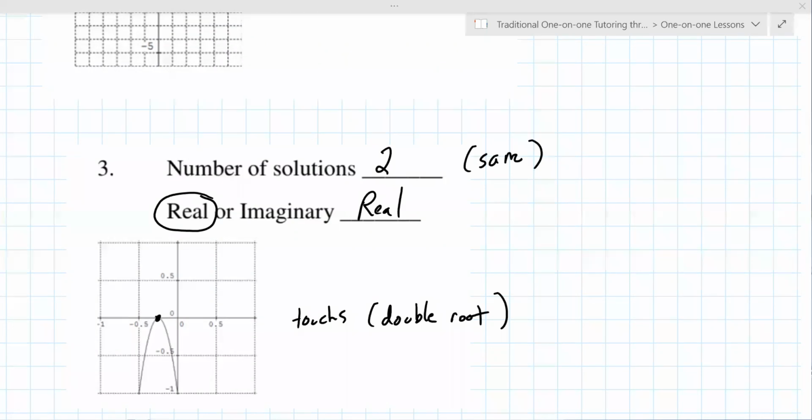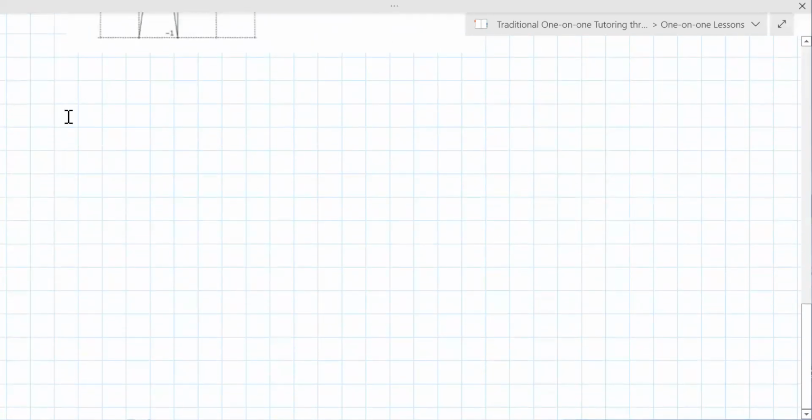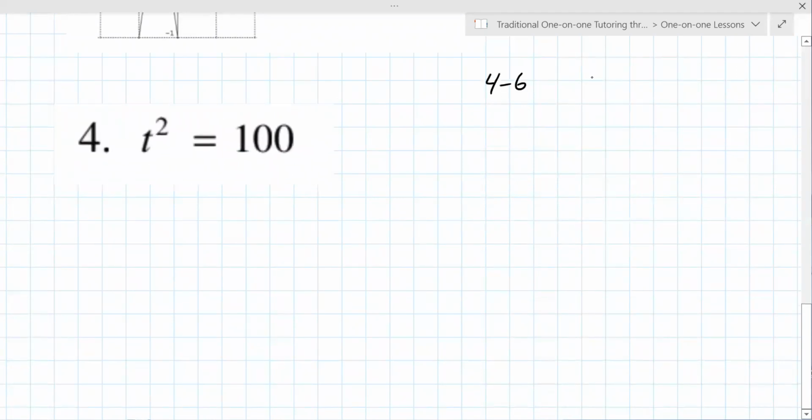There's a bit more I could say, but I'll see if it comes up later on in the lesson with the problem sets. But we'll just move to problems 4 through 6. So for 4 through 6, you're solving using the square root property.